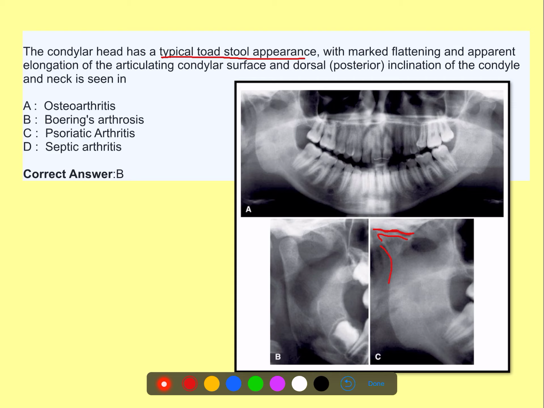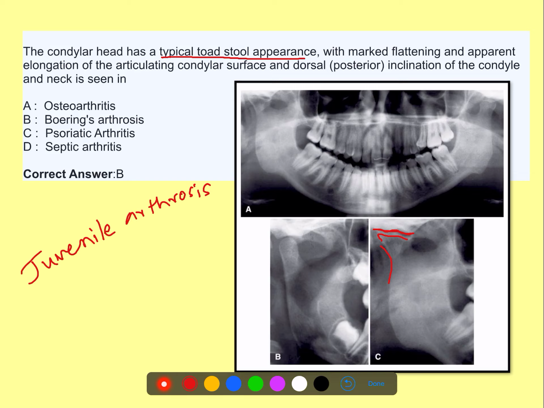All these radiological features give the diagnosis of a TMJ disease known as juvenile arthrosis, the common name used for this TMJ disorder. In this question the options given are osteoarthritis, Boring's arthrosis, psoriatic arthritis or septic arthritis.